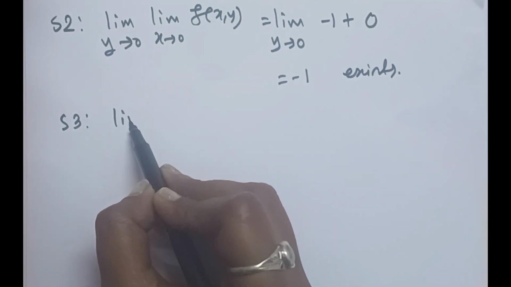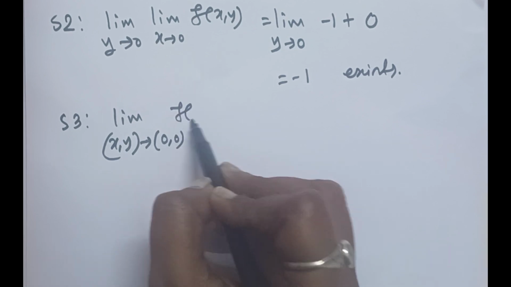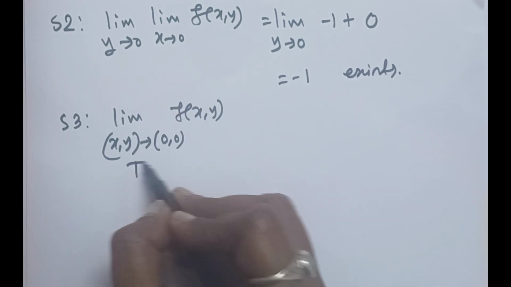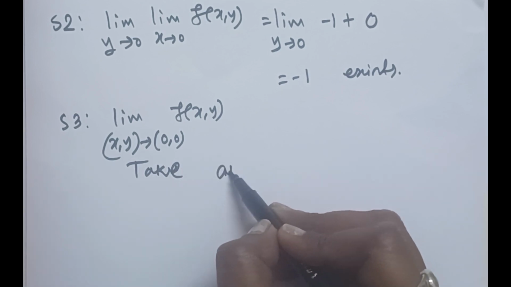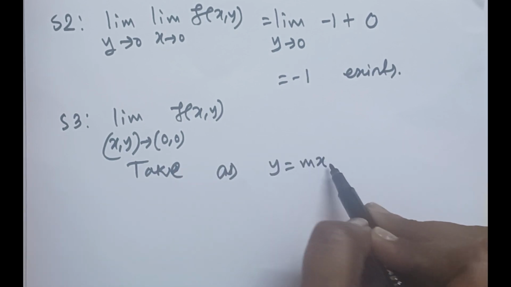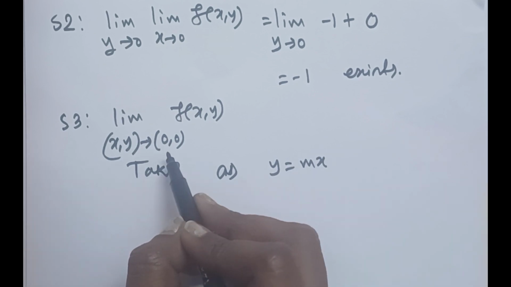Now check statement 3, which is the simultaneous limit when (x,y) tends to (0,0) of f(x,y). We will check this along the line y equals mx. So take y equal to mx and take the limit (x,y) tends to (0,0) along this line.